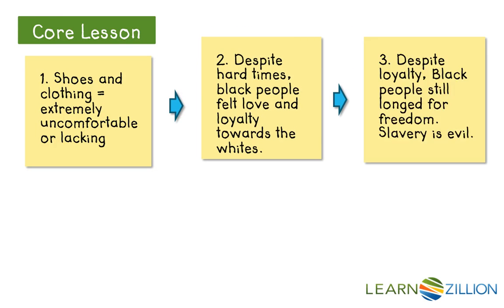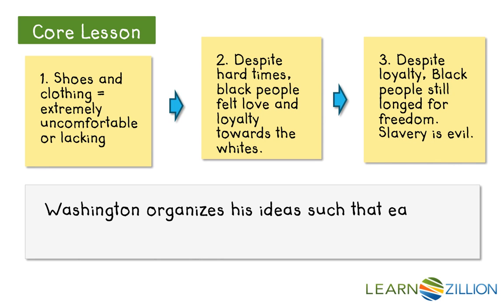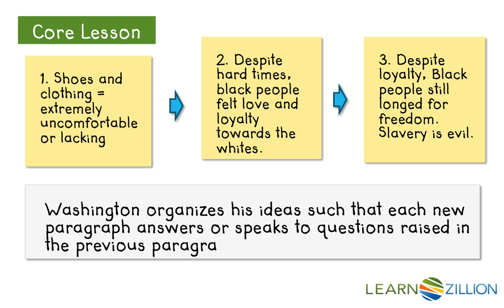So from this progression, the next question is, what is the effect of having these ideas strung out the way they are? Washington organizes his ideas such that each new paragraph answers or speaks to questions raised in the previous paragraph.